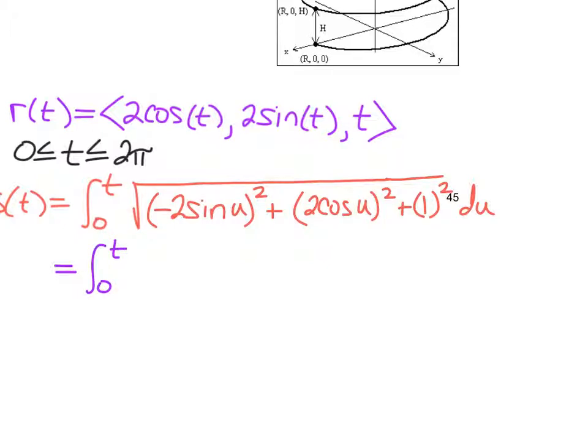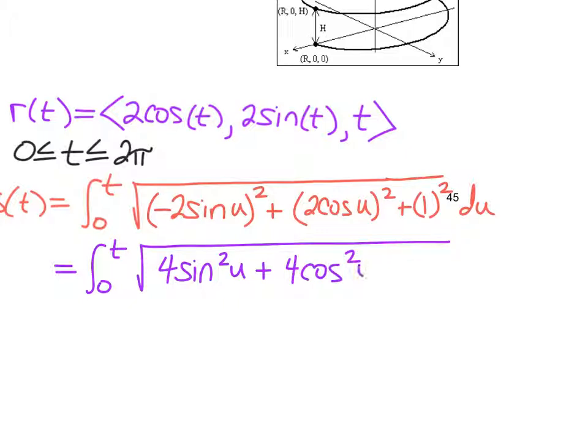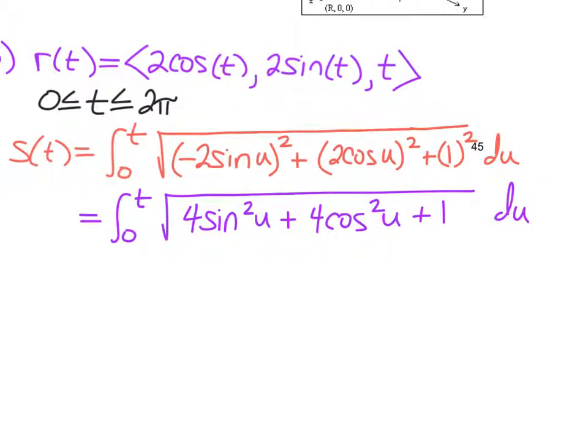All right, so we're looking at the square root of 4 sine squared u plus 4 cosine squared u plus 1 du. All right. The issue for this one is you can't just pull a 4 out of the whole thing, but you can still pull a 4 out of part of it.